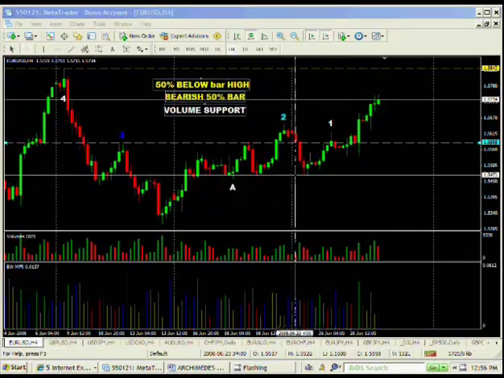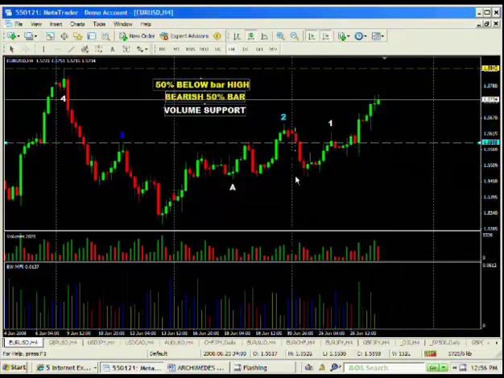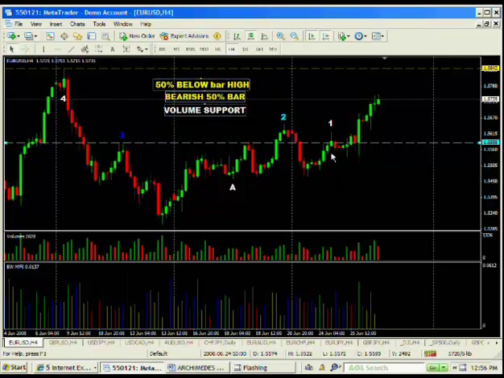Now what do we want to see by way of volume to support our bearish 50% bar? What kind of volume will confirm that the 50% bar is weak and that we can expect it to follow through with a reversal, or at least attempt to reverse direction in the market?